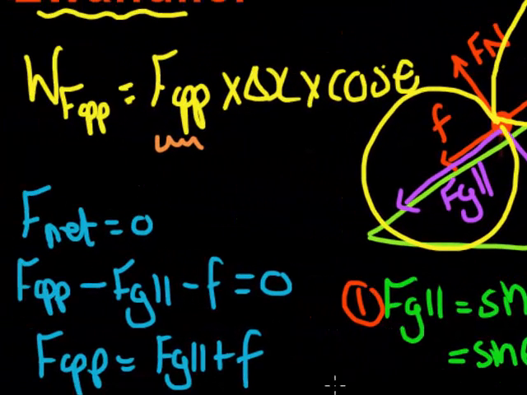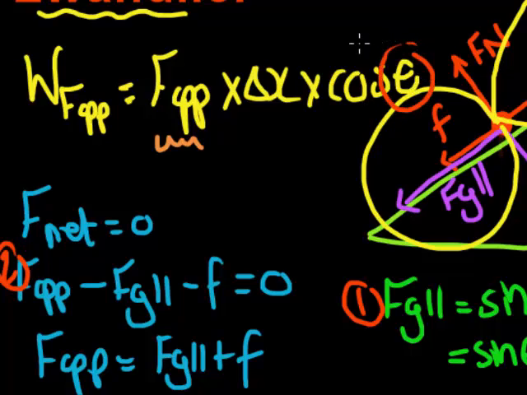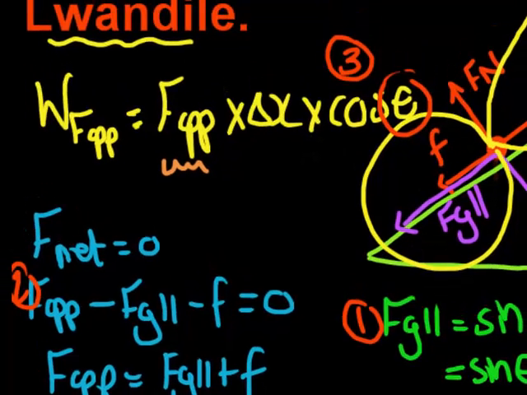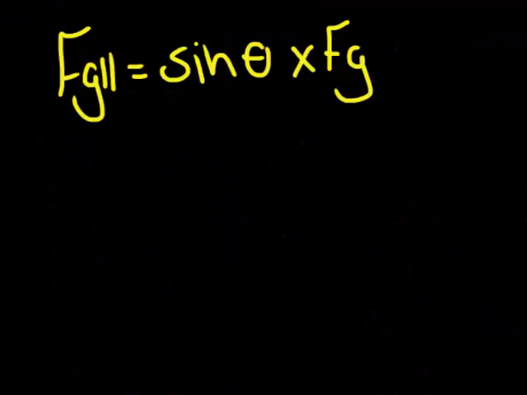From there onwards we will be able to calculate F applied. But it's not the only unknown in our formula. We still need to calculate our theta angle as well, because the only thing that they've given us was the sides of this specific triangle. So when looking at calculating Fg parallel, we realize that we still need that theta angle.